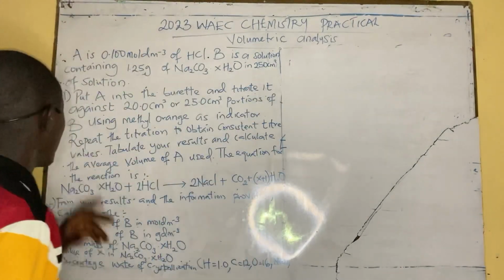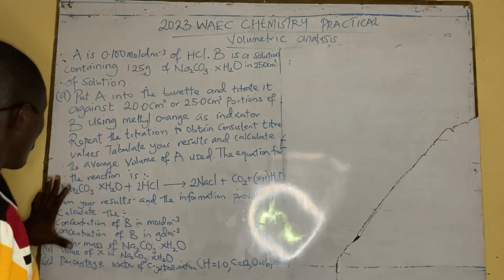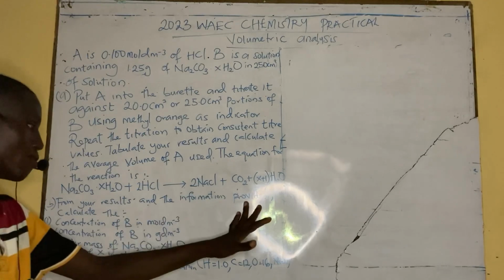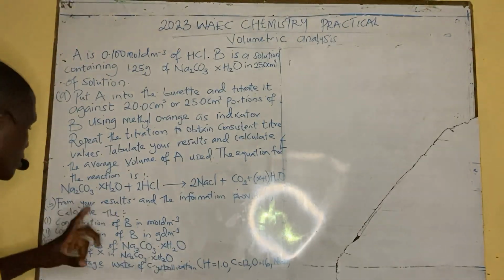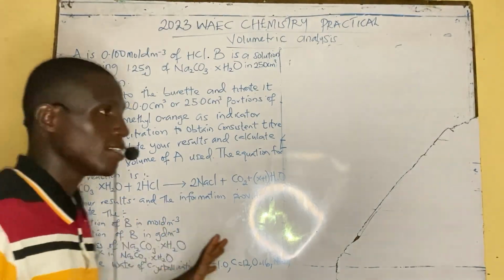Now the next question is that from your result and from the information provided, calculate the concentration of B in mole per dm cube.